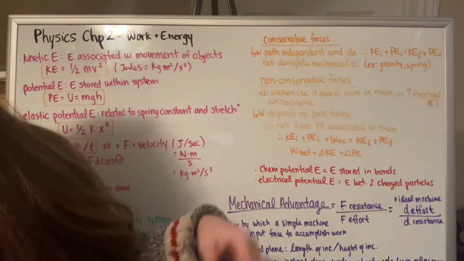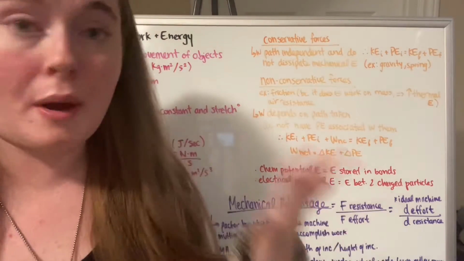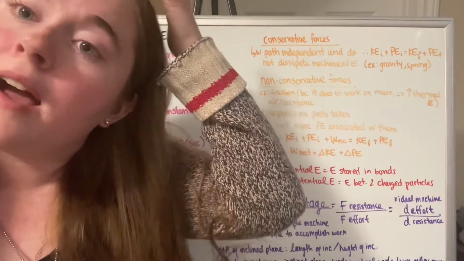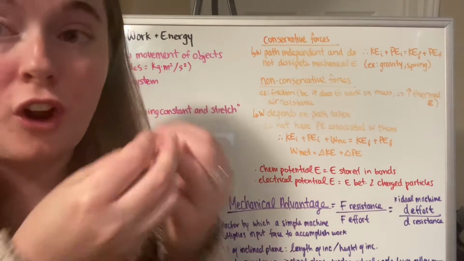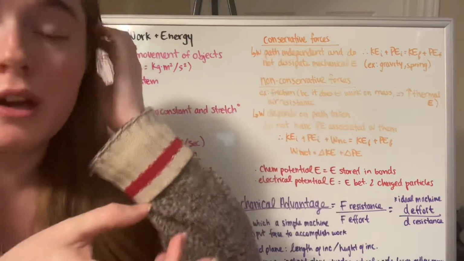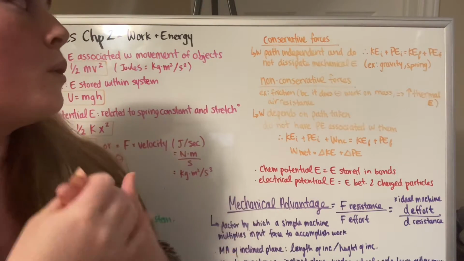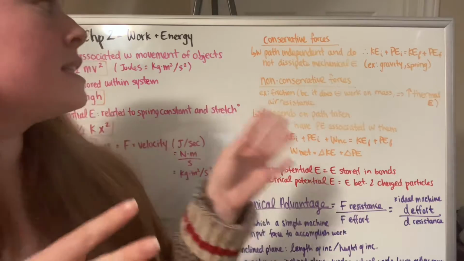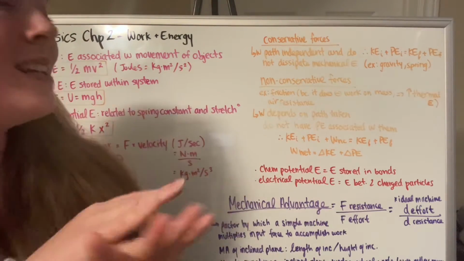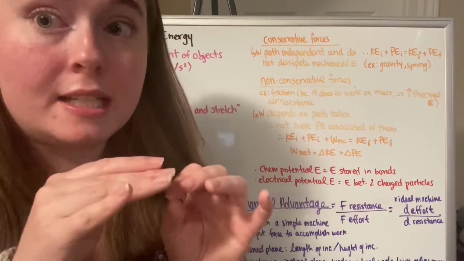An example of that is gravity or a spring. No matter the path taken by an object, when you're looking at gravity or a spring, the same amount of work will be done, and that's a conservative force because the work done does not depend on the path taken.